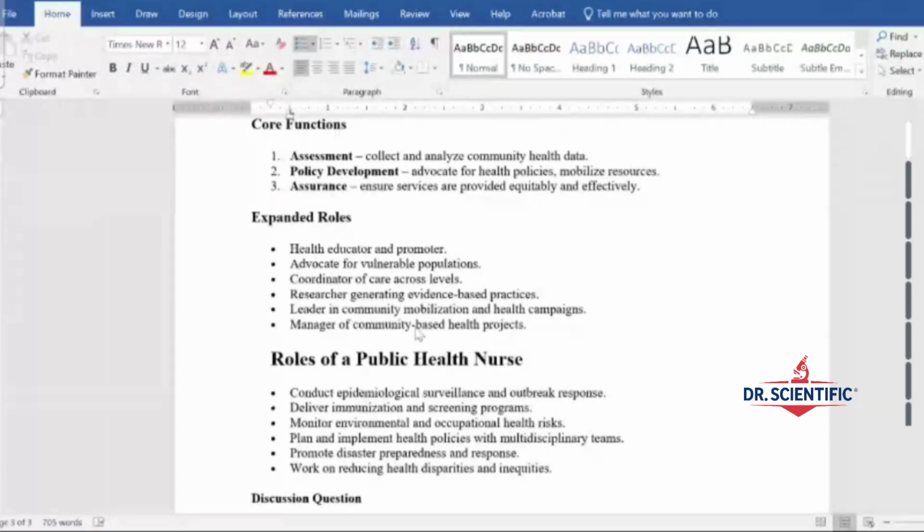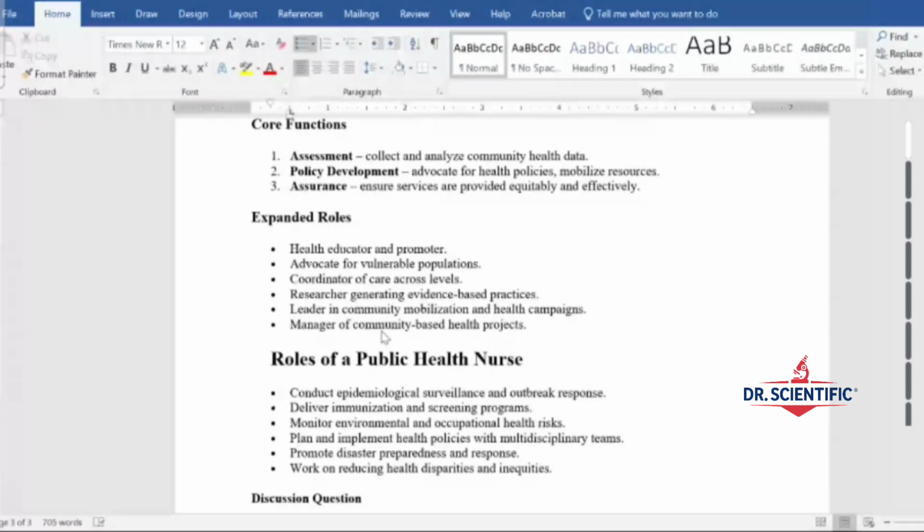Okay, those are some of the roles. I know at some point you have learned about the roles of nurses when you studied this BSN program. You have already covered this, so this is just a reminder. But now we are narrowing ourselves to community health nursing as a component under community health.